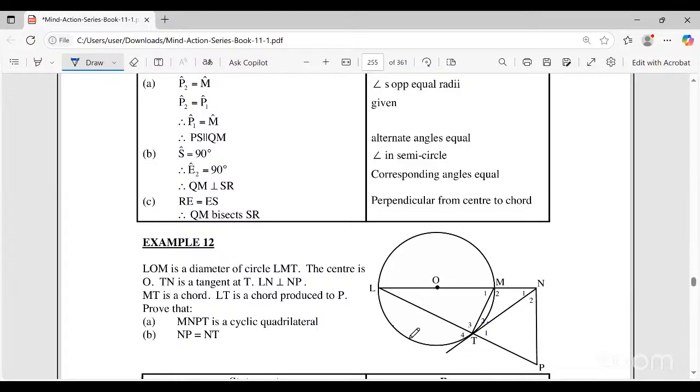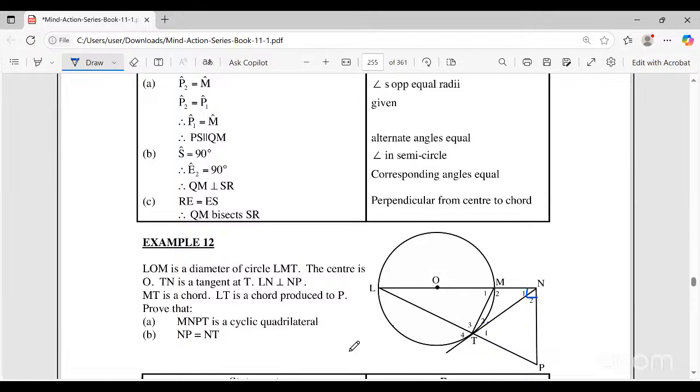The center is O, TN is a tangent, and LN is perpendicular to NP, meaning this is 90 degrees here. MT is a chord, and LT is a chord that meets at P. Now prove that MNPT is a cyclic quad. After that we are required to prove that NP is equal to NT.